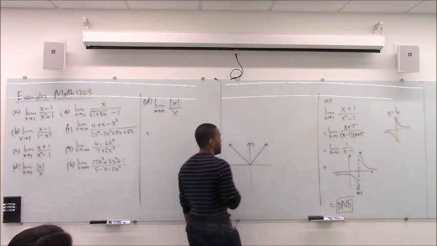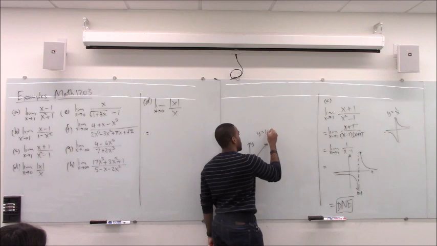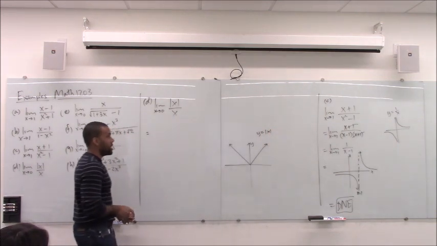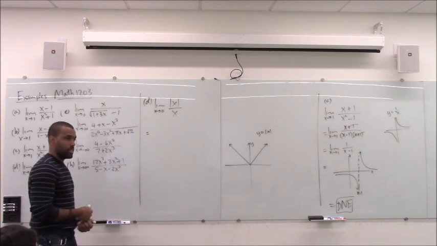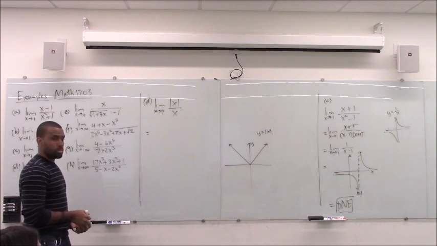Well, that's a graph of what? Oh, that's absolute value. Right, this is y equals absolute value of x. Here I'm dividing that by x. Oh, I don't know. What would the picture look like? Is it just x? The line of x?